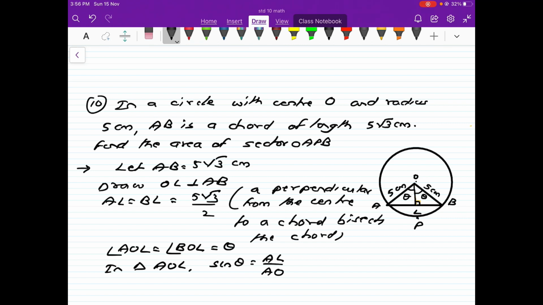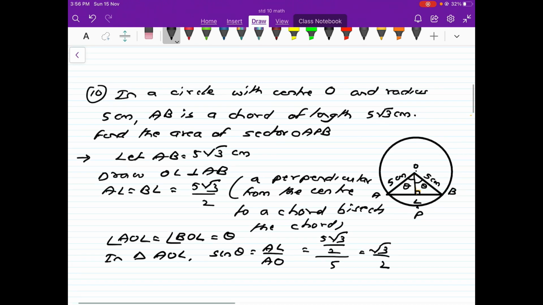So it is 5 root 3 upon 2 upon OA, which is nothing but the radius 5. So we are getting root 3 upon 2. So sine theta is equal to root 3 upon 2, which means the angle is 60 degrees.